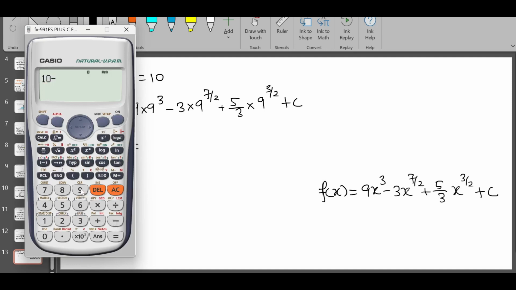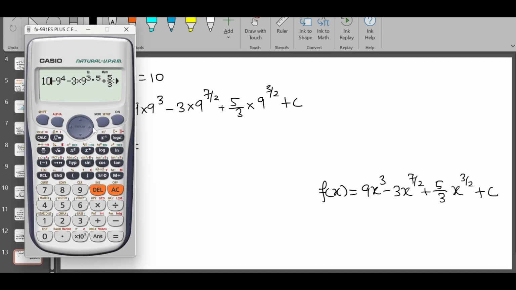9 times 9 power 3 is 9 power 4, minus 3 times 9 to the power 7 over 2, which is 3.5, or you can put it as 7 over 2, plus 5 over 3 times 9 power 3 over 2, or 1.5. No, wait.